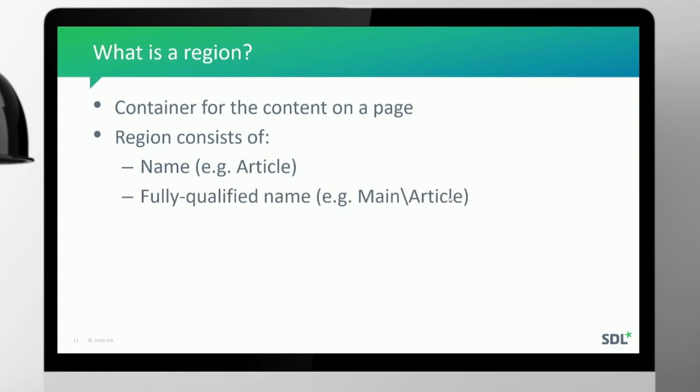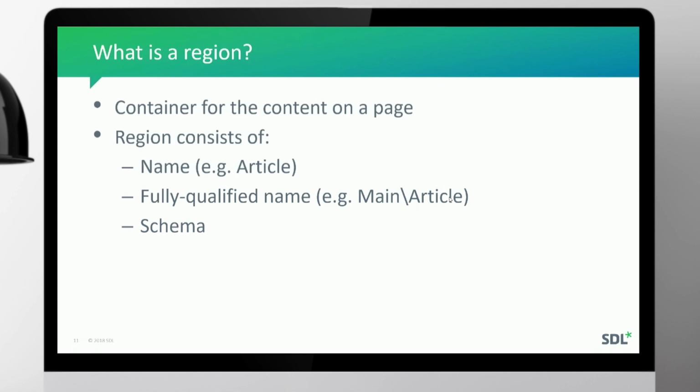There is also a so-called fully qualified name. It is for the case when you have one region nested in another region, in another region. So the names of each region in a path are combined into a fully qualified name, and it can be used, for example, in the templating to access that region.